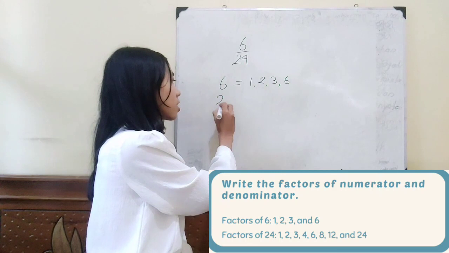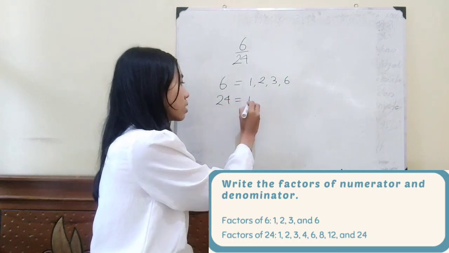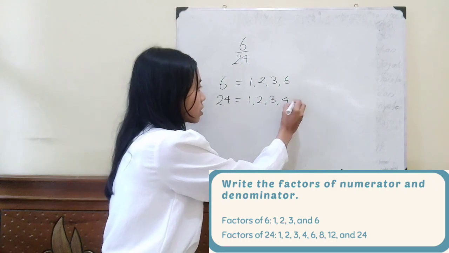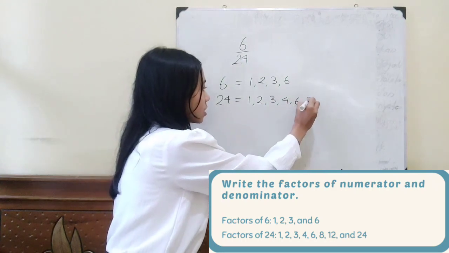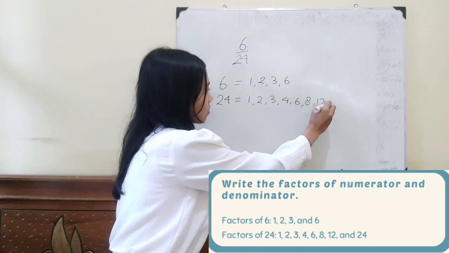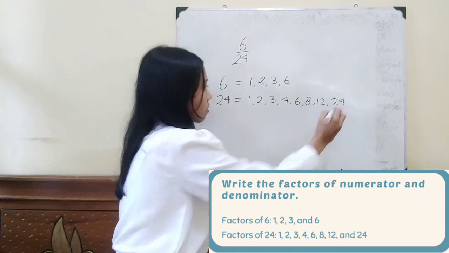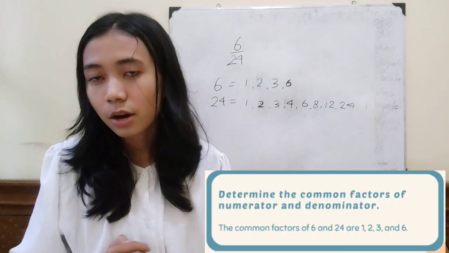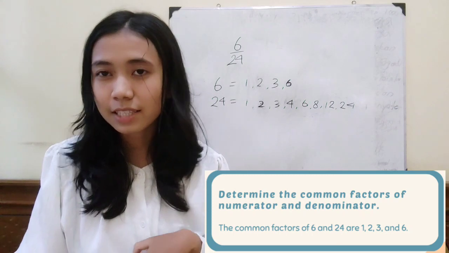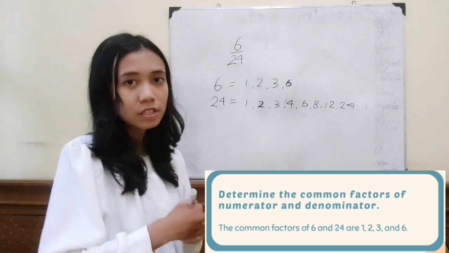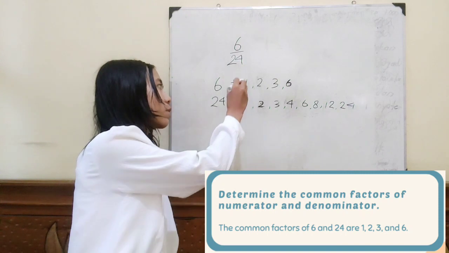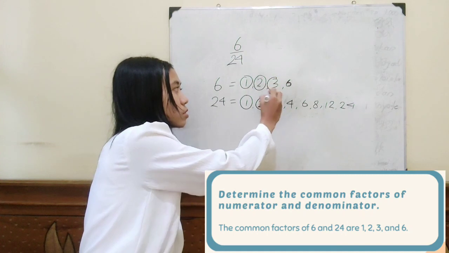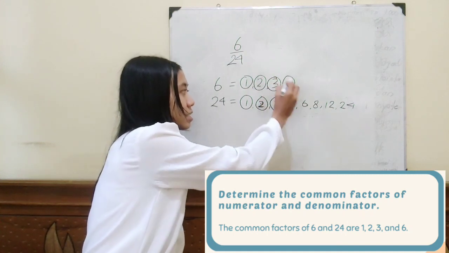And the factors of 24 are 1, 2, 3, 4, 6, 8, 12, and 24. The second step is to determine the common factors of the numerator and denominator. The common factors of 6 and 24 are 1, 2, 3, and 6.